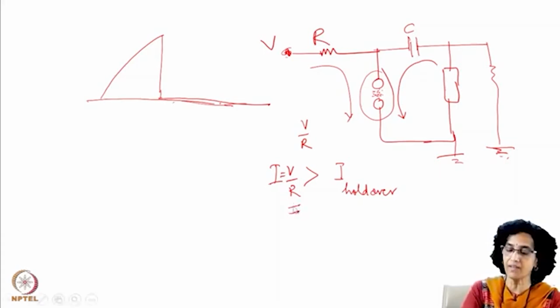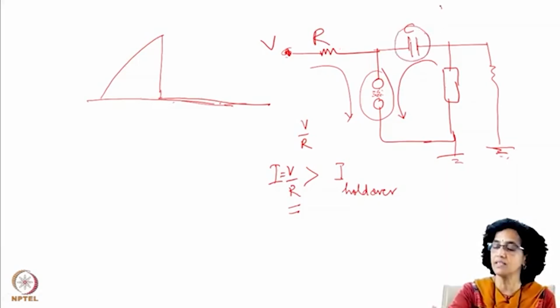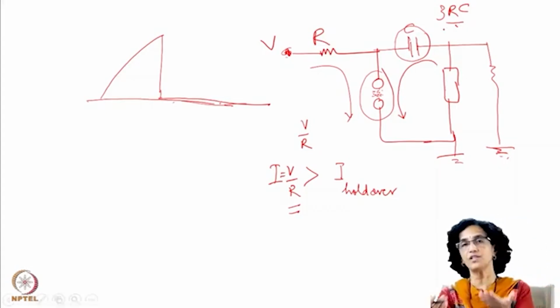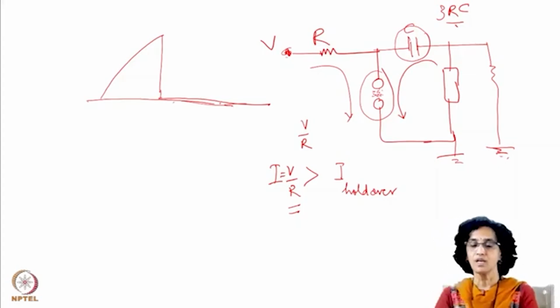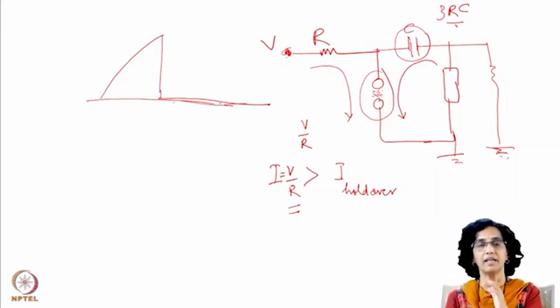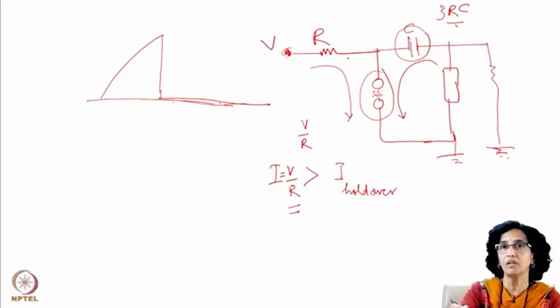Now, if R is large, then the charging time of this capacitor, which is about 3 times RC, the RC time constant, will also increase. If the charging time increases, that will also affect the repetition rate. So that is another disadvantage of having a resistance, because the peak current, V by R, flows immediately after the condenser has discharged.